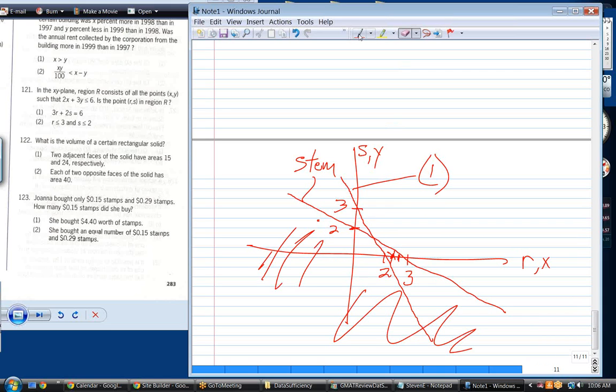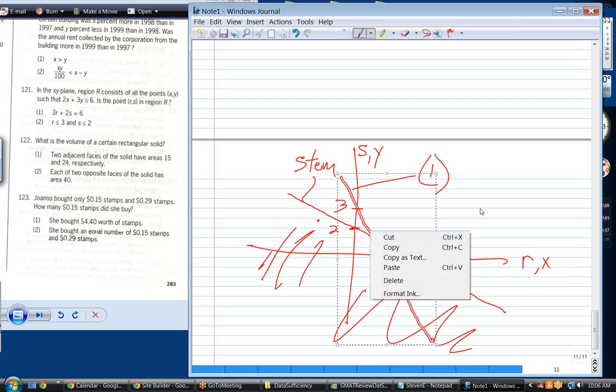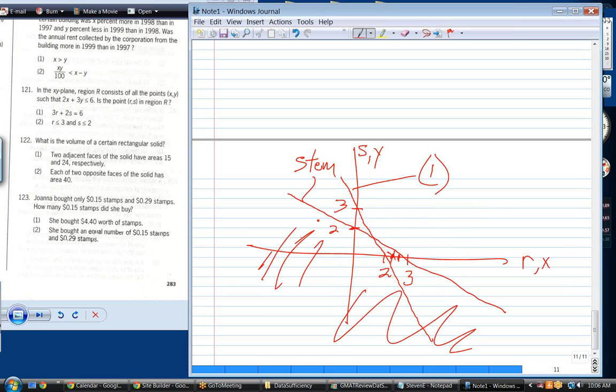Well, it has to be on the number 1 line. So clearly I can. There's a point right there. And this is solving it graphically, not algebraically. See this point right here?